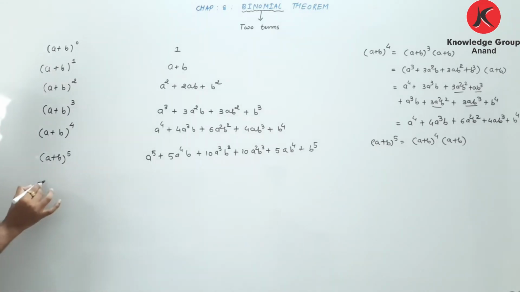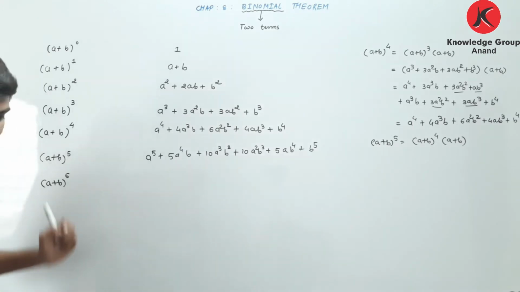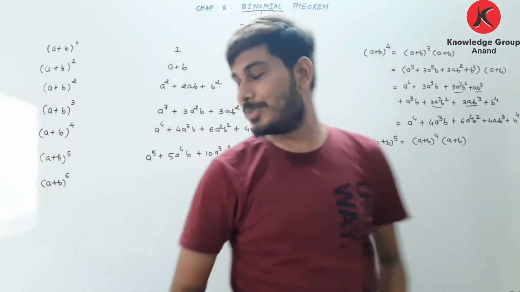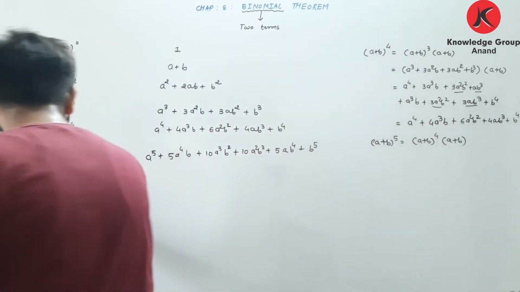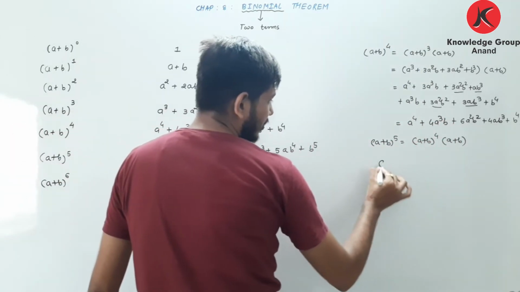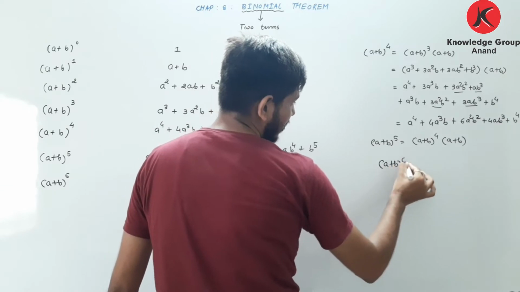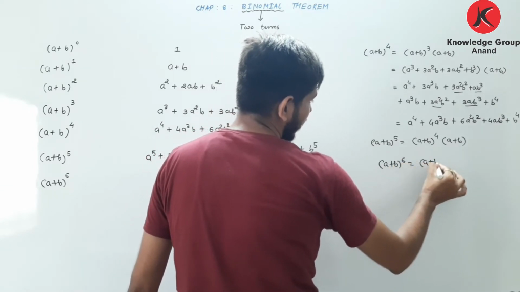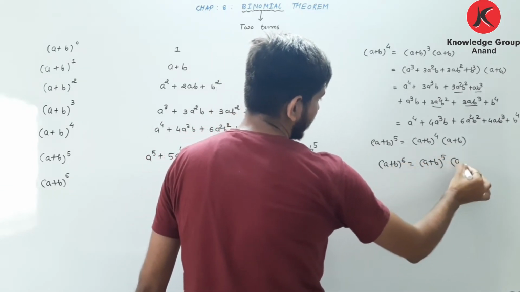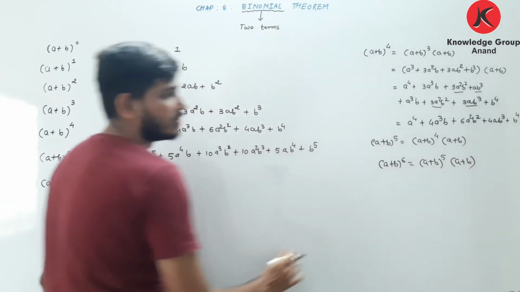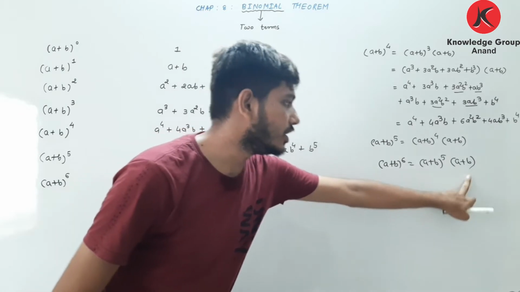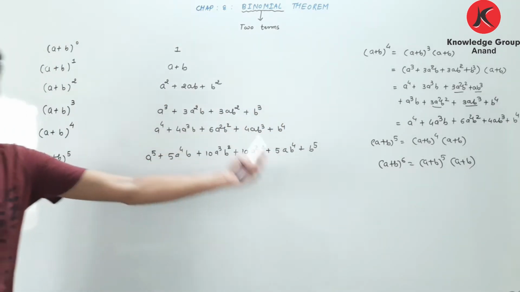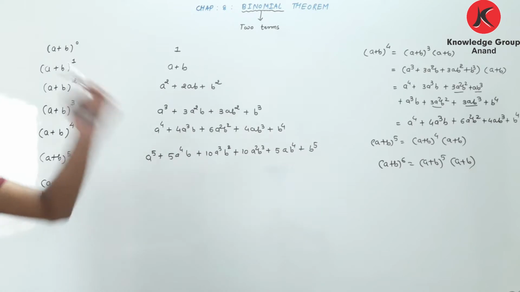Now if we want a plus b raised to 6, then you have to calculate it by use of a plus b raised to 5 into a plus b. First of all, write down a plus b raised to 5 here into a plus b, then evaluate by multiplication.